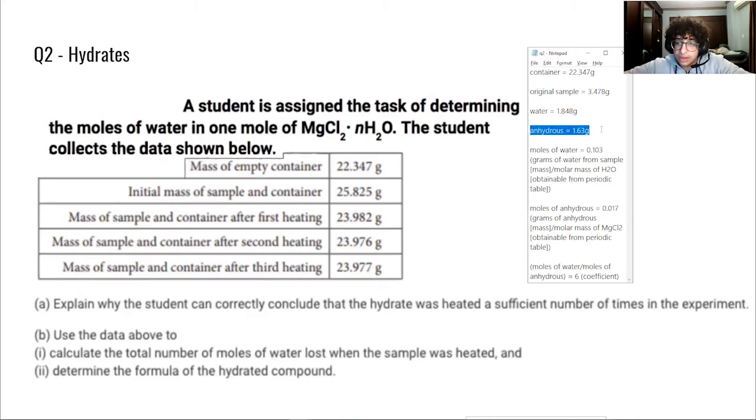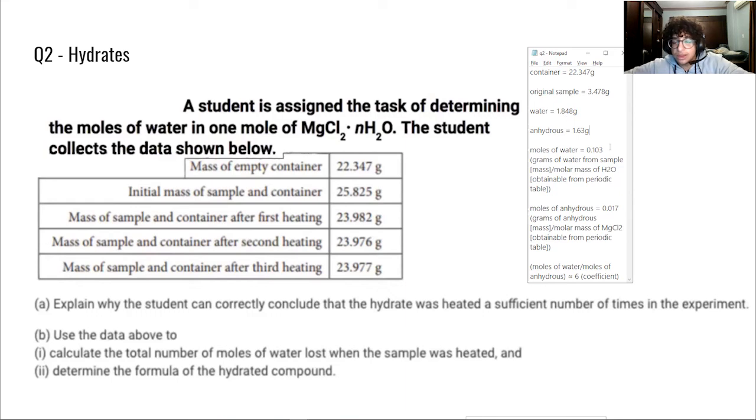There's the anhydrous side, and then there's the hydrous side, or water, or the hydrate. And so you've got 3.478, subtract 1.63, and you get 1.848. And so now we have what we need to repeat the steps of the last question. We're just going to use the water and the anhydrous magnesium chloride and obtain the moles of each one so that we can get the prefix, because once again, the question is the exact same. It's of the same essence.